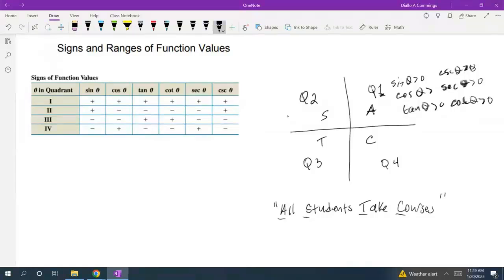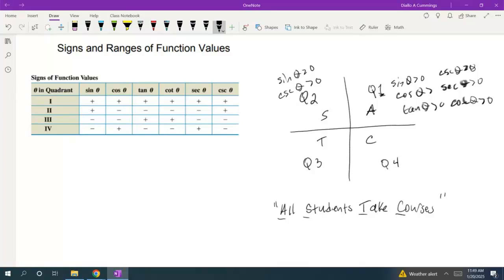If we move to our second quadrant, the S in this phrase, students, alludes to the fact that in the second quadrant, only the sine and its reciprocal, the cosecant, are positive. Everything else is negative.